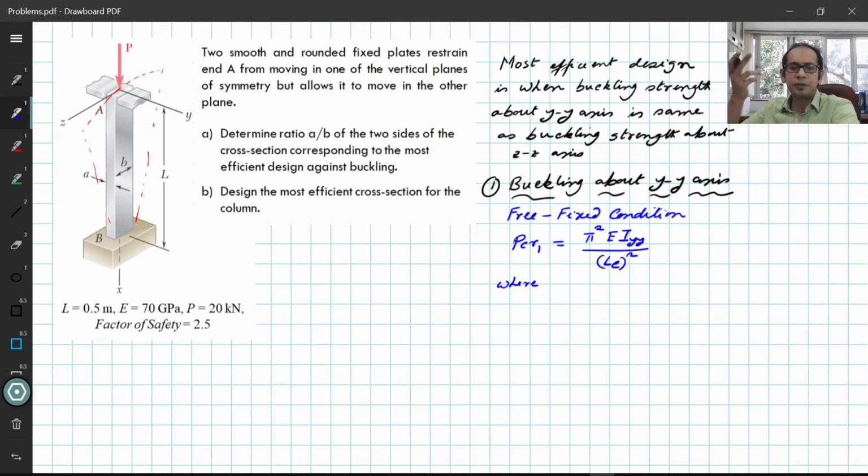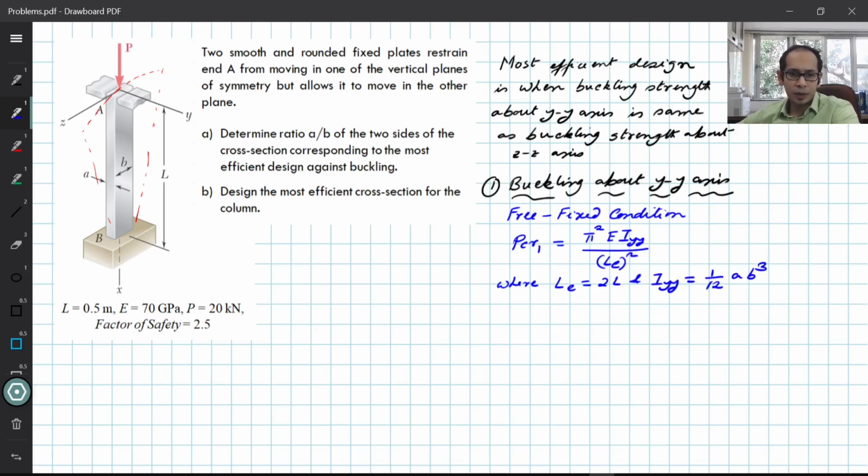Now, since it is the free fixed case, remember from our discussion on the effective length, the effective length LE is going to be twice the length of the column, that is 2L. So let's make a note of that. So that is the buckling about the YY axis.